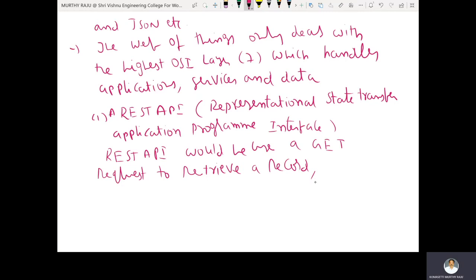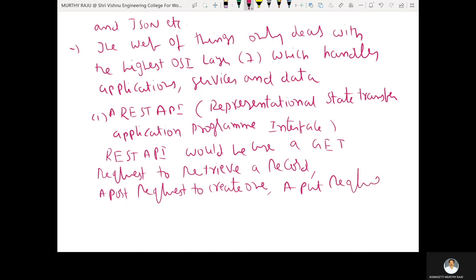Next one is a POST request to create one. Next, a PUT request to update a record.